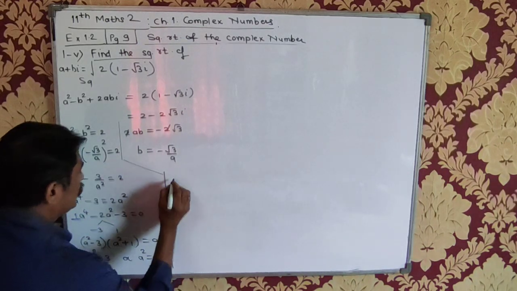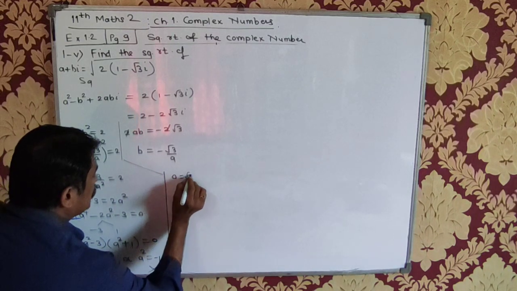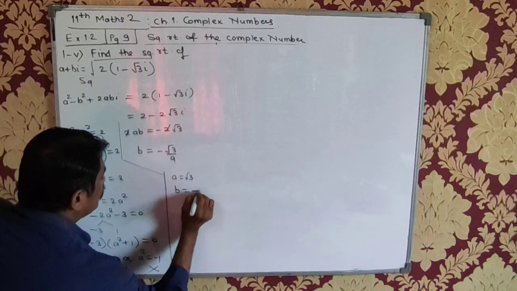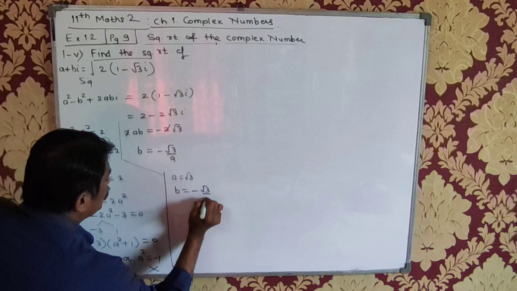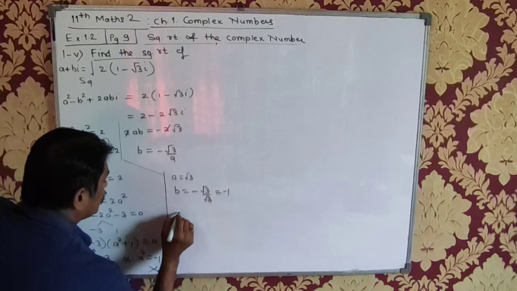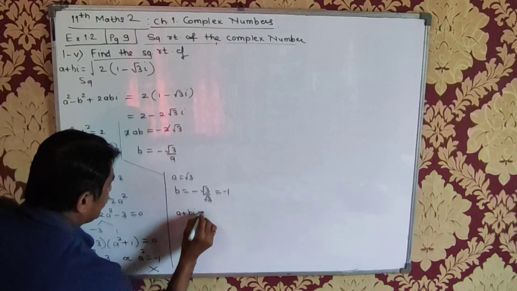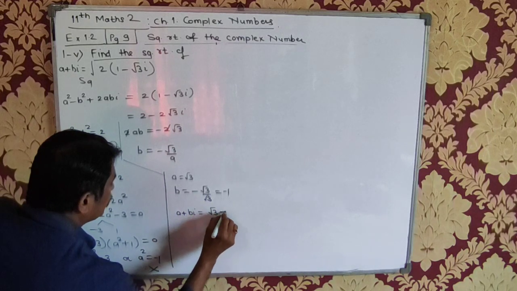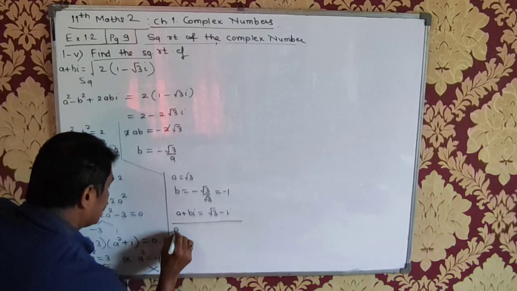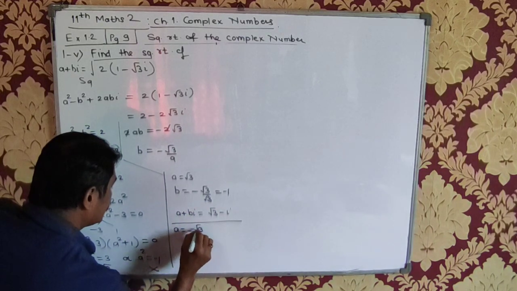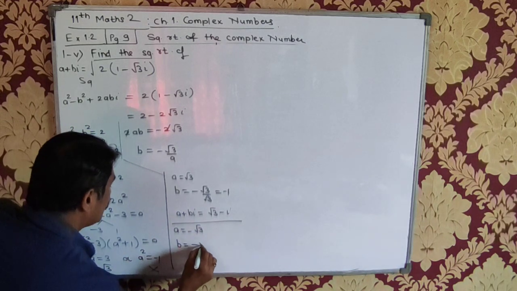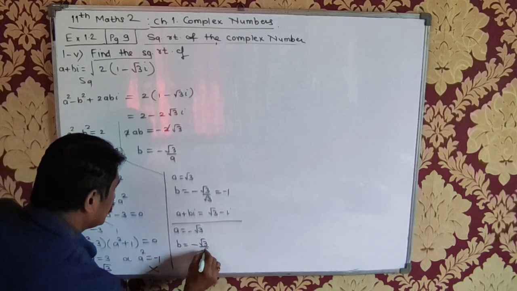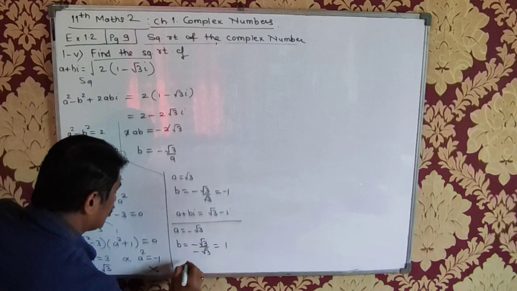Therefore, when a is equal to root 3, b is equal to minus root 3 upon root 3, that is minus 1. So a plus bi is equal to root 3 minus i. When a is equal to minus root 3, b is equal to minus root 3 upon minus root 3, that is 1.